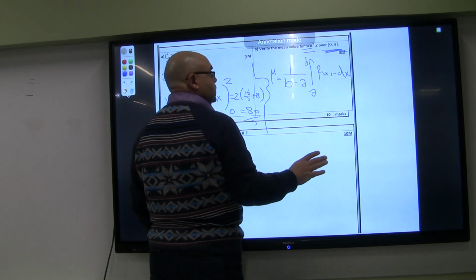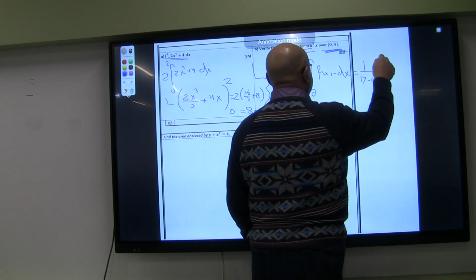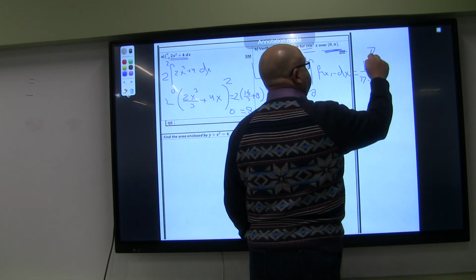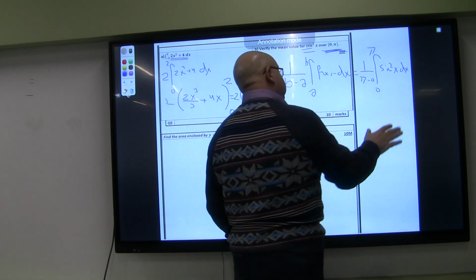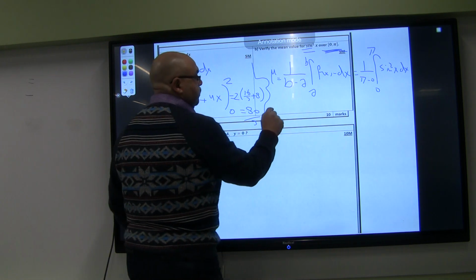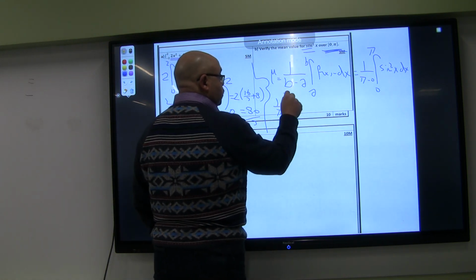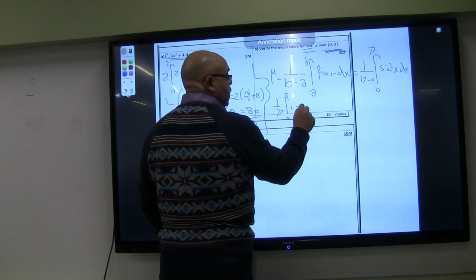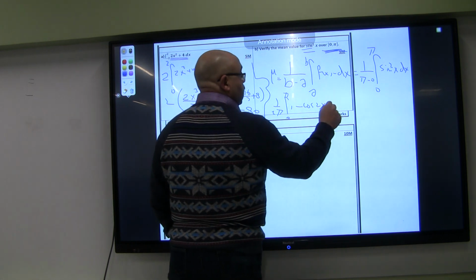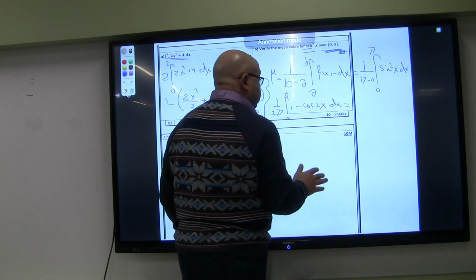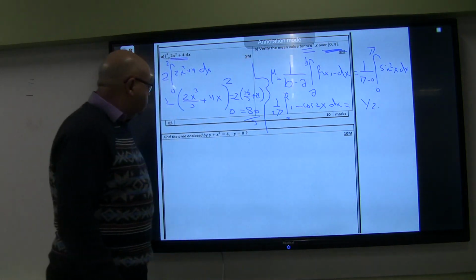And this is going to be simply equal to 1 over pi minus 0, integrate from 0 up to pi of sine square x dx. Start integrating, replace sine square x by 1 minus cosine 2x divided by 2. Finish your integration and start substituting, and I believe the value is going to be 1/4.